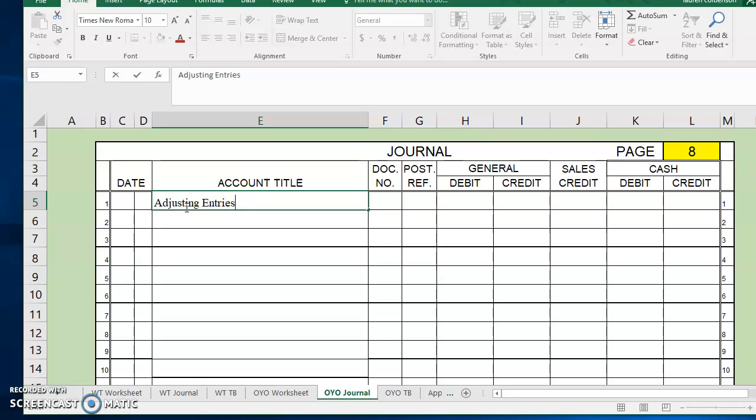So I'm going to put adjusting entries, and the date is December 31st, end of the fiscal period, and the first adjusting entry will be to supplies expense, that is the debit, and the credit is to supplies. I'm going to indent a little bit.